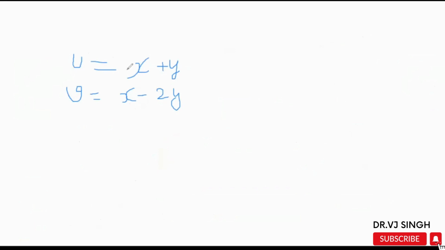First, suppose I multiply u by 2. So it becomes 2u equal to 2x plus 2y, and v equal to x minus 2y. First add these two terms.